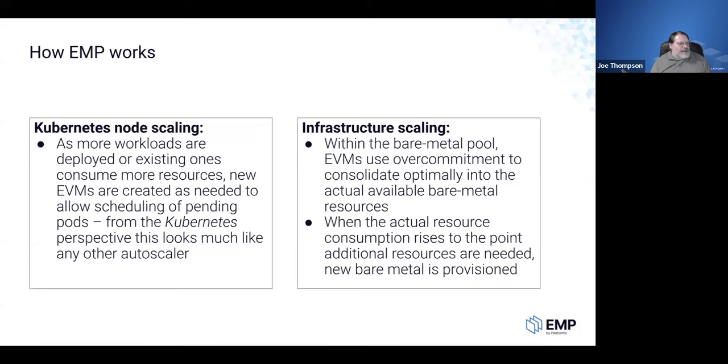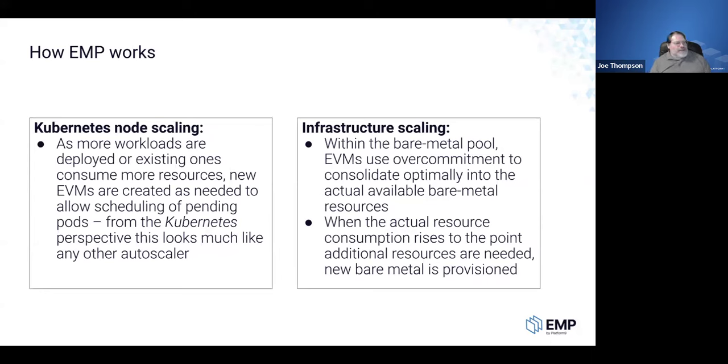We can consolidate away that idle memory and just keep packing them in until we hit, obviously we don't want to pack it to 100%, but we pack it to a designated threshold of overcommitment. And then if we need additional resources, we scale up additional bare metal in that pool, and then we can provision more EVMs and the process repeats.